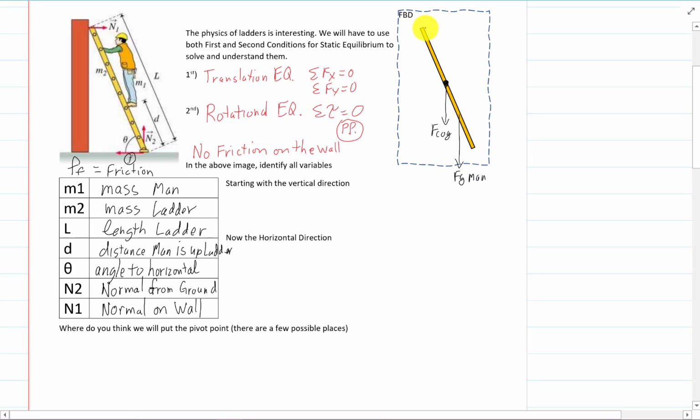There is a normal force, we'll label it N1. I'm going to do these in red because this is at the bottom. N2 is from the ground, and this one is the force of friction.